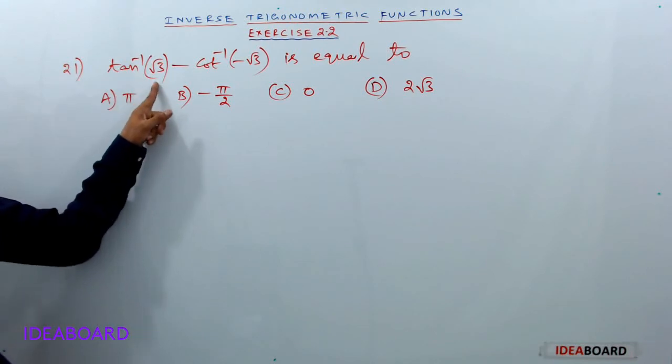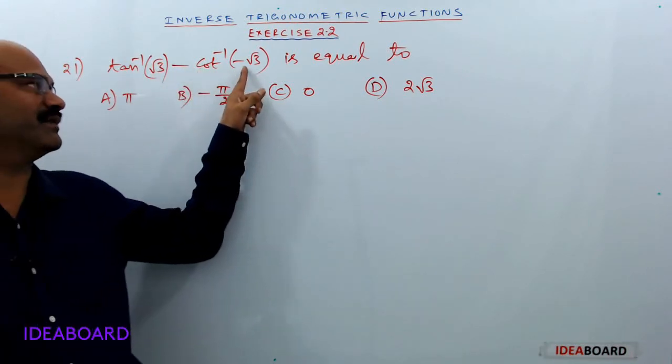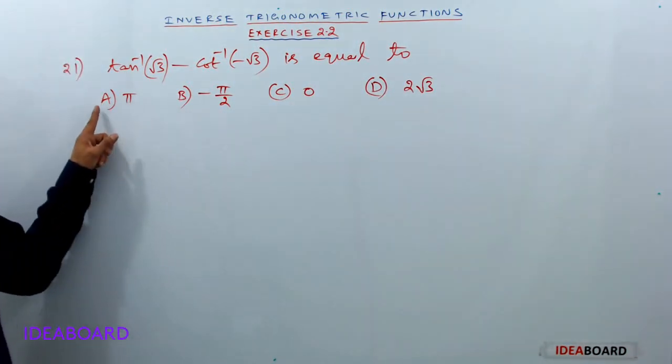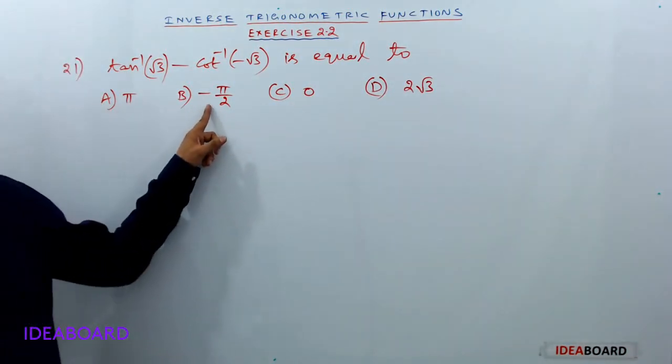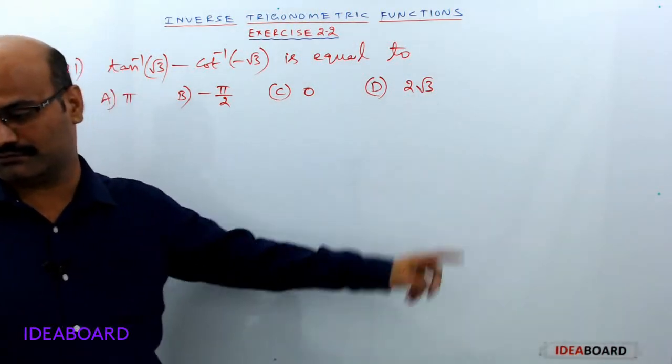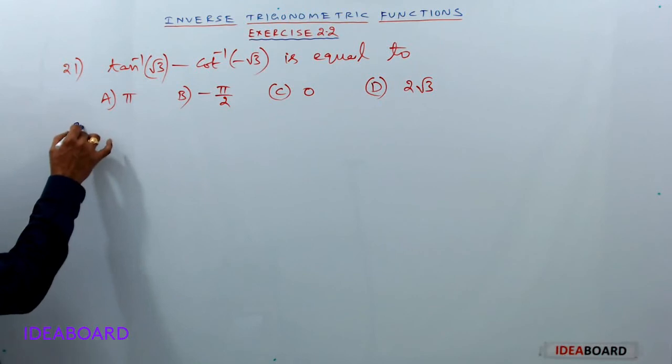21st problem. Tan inverse of root 3 minus cot inverse of minus root 3 is equal to: option A pi, option B minus pi by 2, option C 0, option D 2 root 3. Solution.